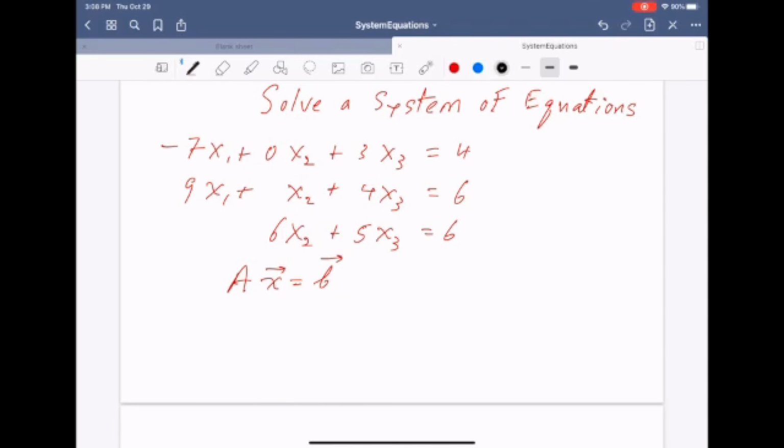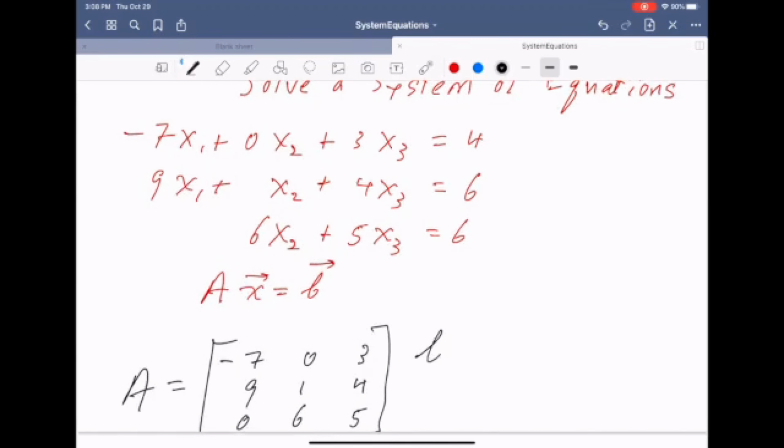And we're going to let A be minus 7, 9, 0, then we're going to have a 0, 1, 6, and a 3, 4, 5. That's my A matrix. My B matrix is vector 4, 6, 6.